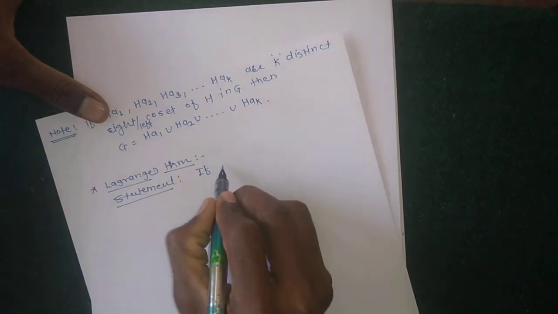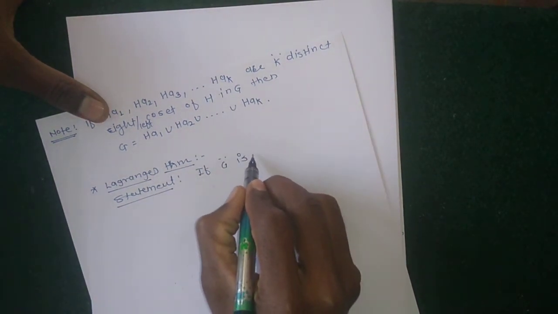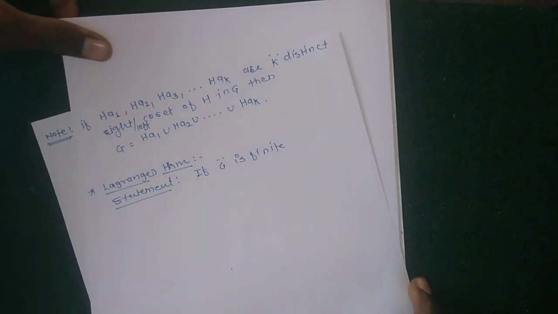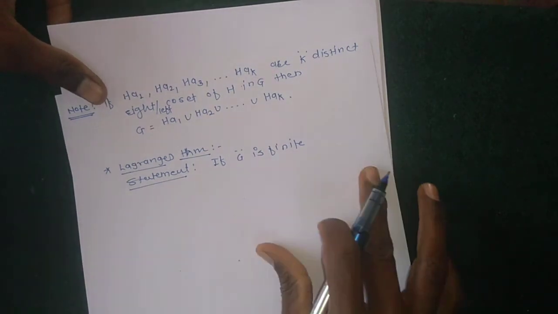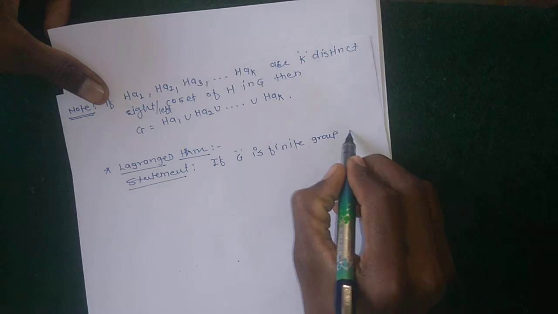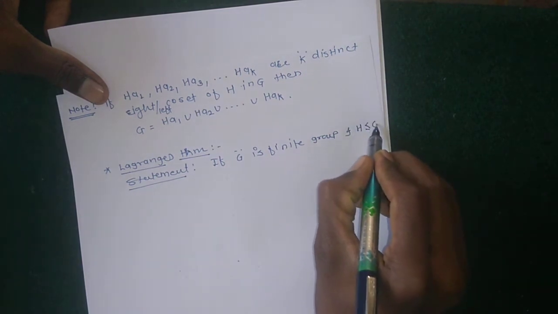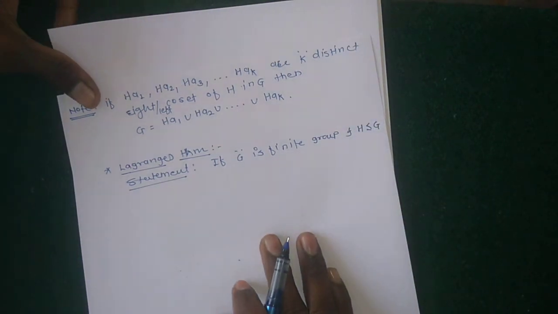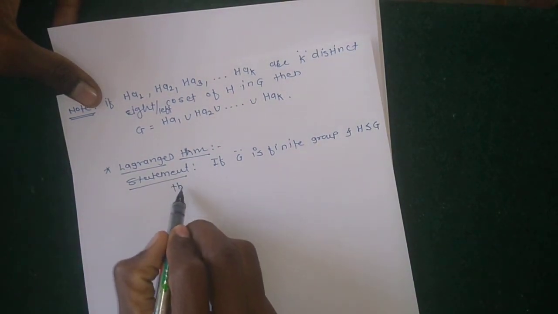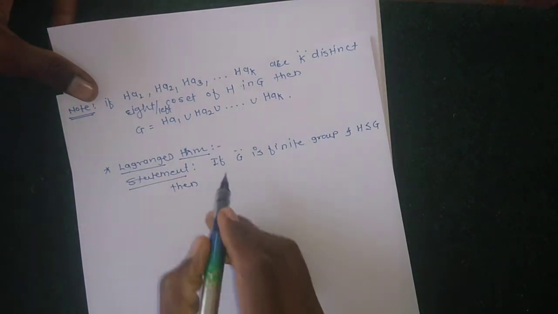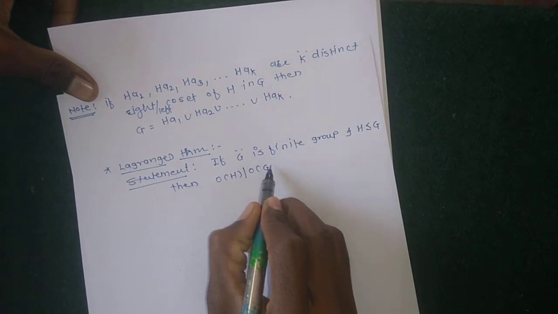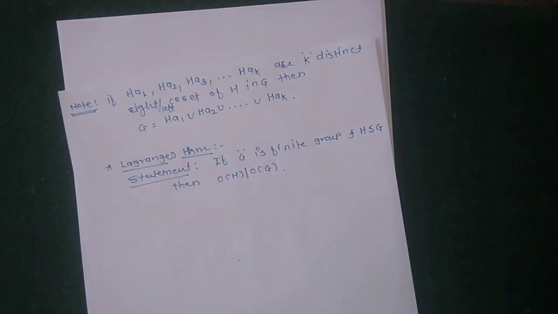If G is a finite group, meaning G contains a finite number of elements, and H is a subgroup of G, then the order of H divides the order of G. This is the statement.